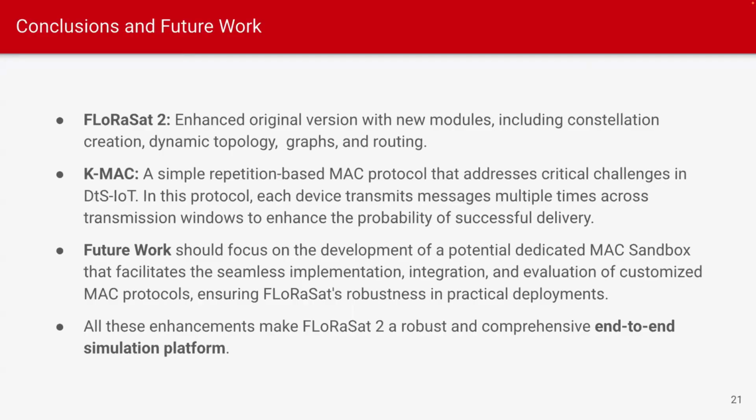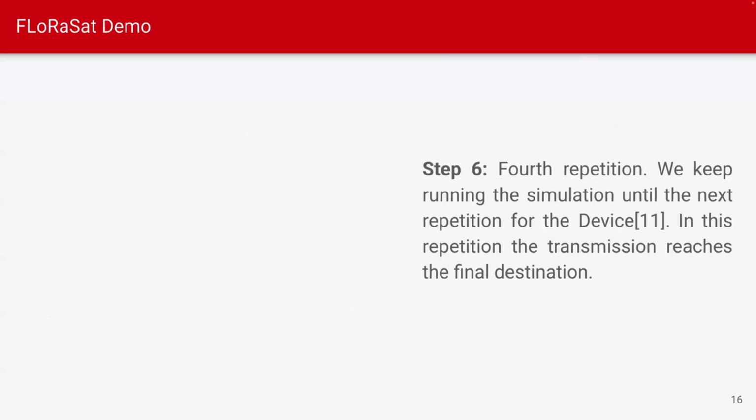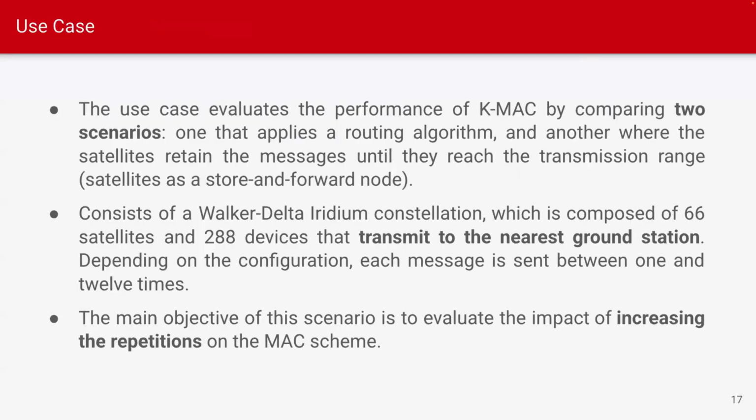For KMac, just to be clear, the transmission windows, are they periodic or random? Yes, the fact is, we compute the transmission window depending on the parameters. So they are not static, they are dynamic. For one scenario, they are static, because at the beginning we set the parameters.